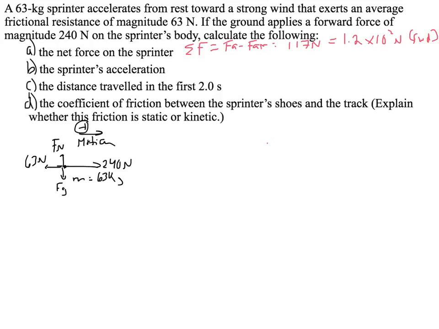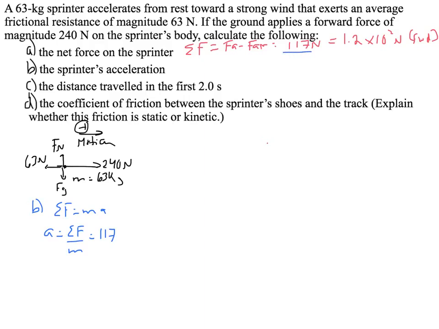B says the sprinter's acceleration. Sum of the forces equals mass times acceleration. We're looking for acceleration, so acceleration is going to be the sum of the forces divided by mass. The sum of the forces we just found was 117. Now you have to use 117 instead of 1.2 because we don't want to round too early.